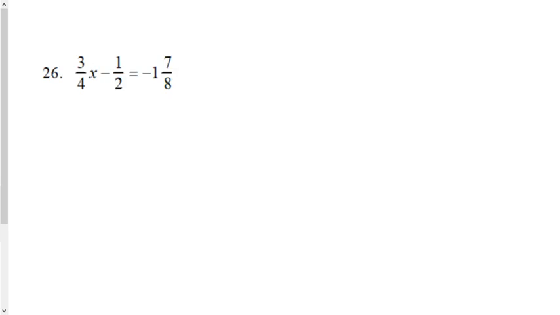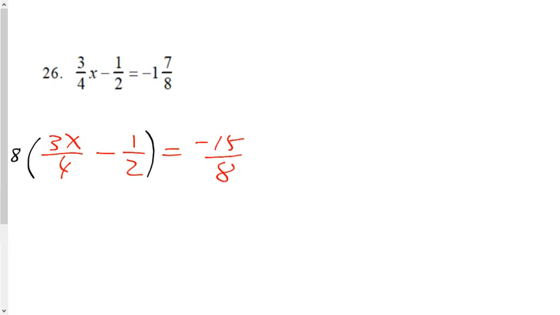And question 26, your last one. There are 2 ways to do it. I'll show you both. The first way is to reimagine the question. Like this, probably. And then you're going to multiply both sides by 8. Perhaps.